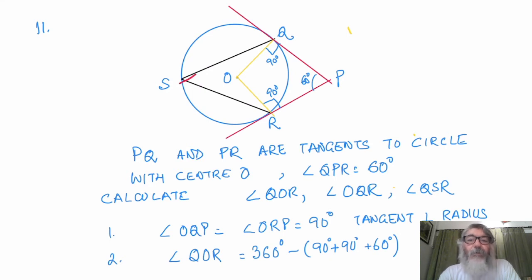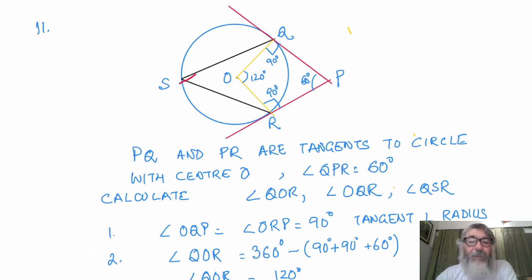Three angles are known, so to calculate the fourth angle, I will subtract the sum of the three from 360. 90 plus 90 is 180, 180 plus 60 is 240. It will come out to be 120. Angle QOR will come out to be 120 degrees.